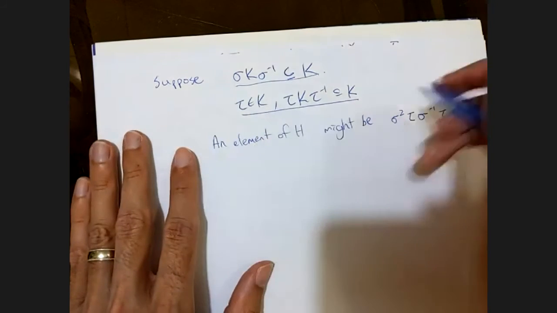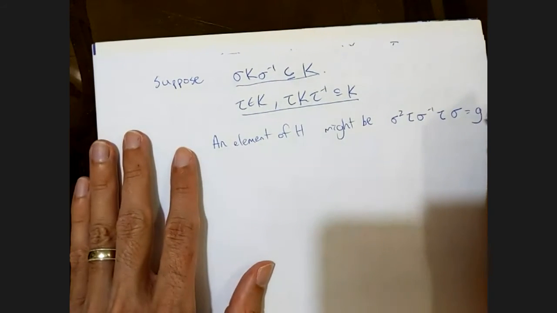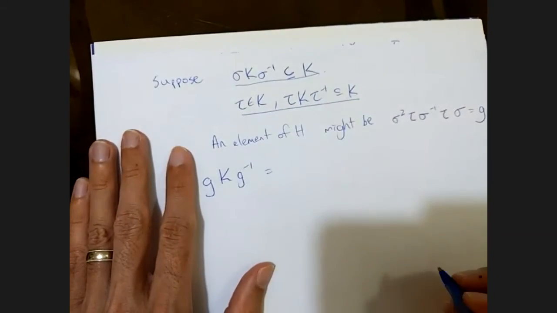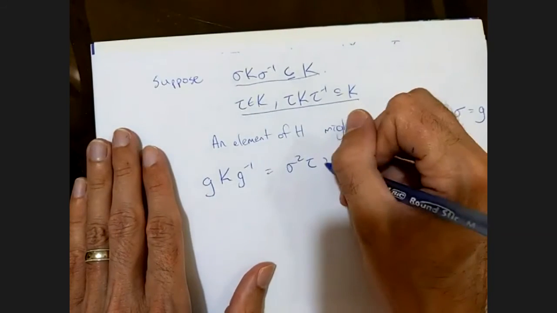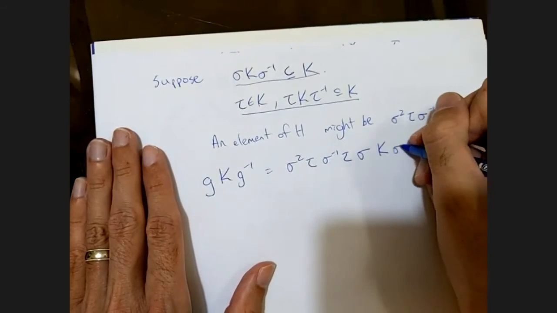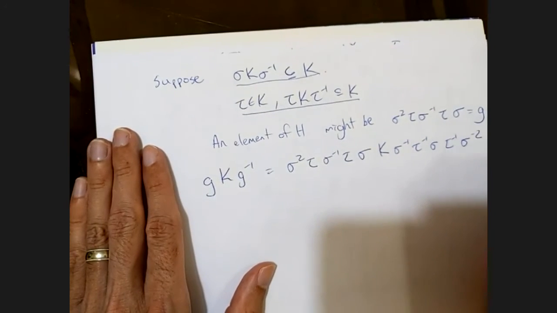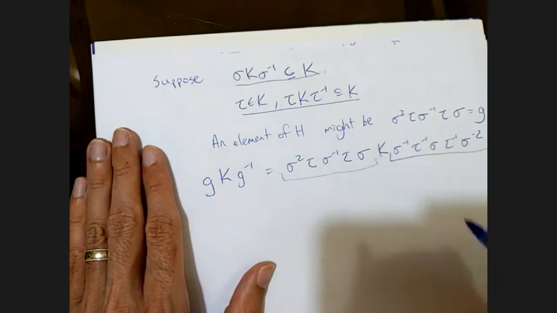And now if we do that, let's call this G. Then G K G inverse is just sigma inverse tau sigma times K, and then sigma inverse sigma, tau inverse sigma to the minus 2. Here, this is just the inverse of this element.